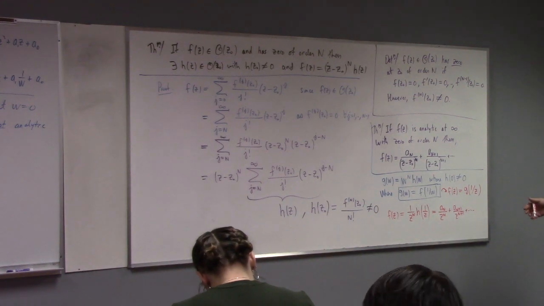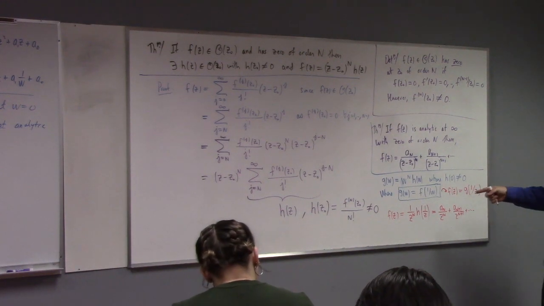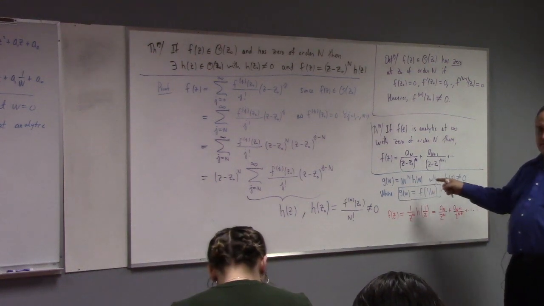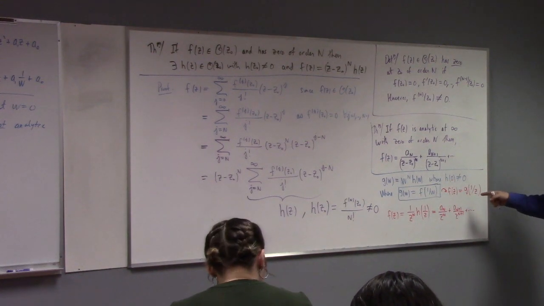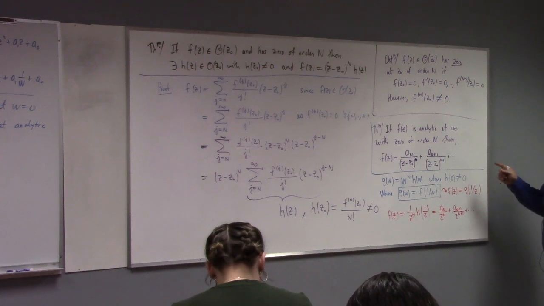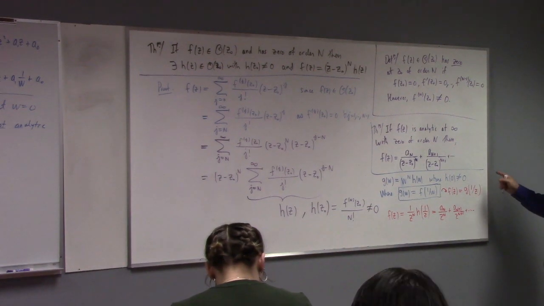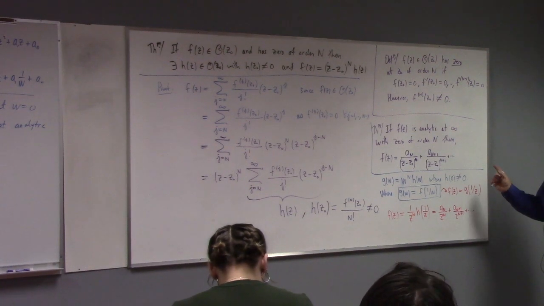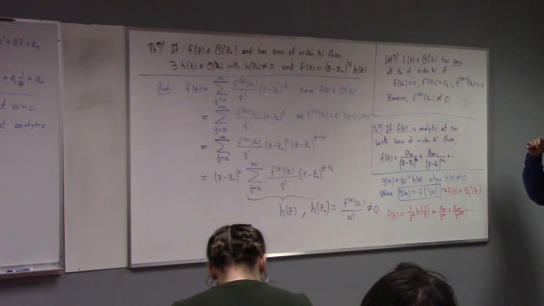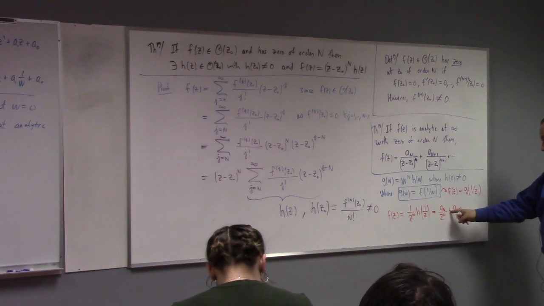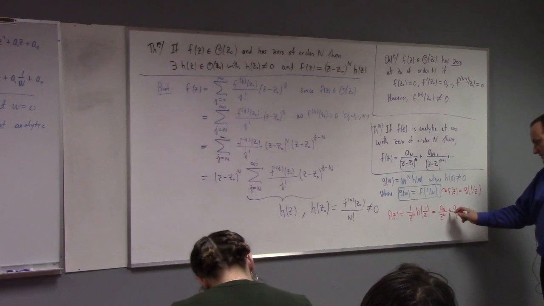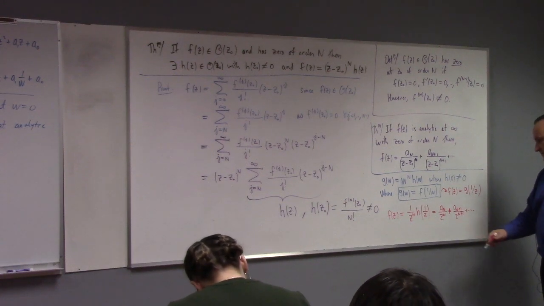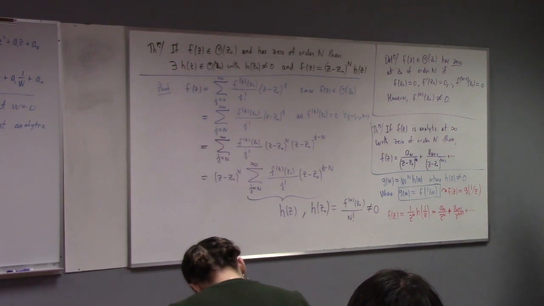I'm supposing here that h of w is a sub n plus a sub n plus 1 times w plus a sub n plus 2 times w squared and so forth. So I'm using these as the coefficients for the power series expansion for h here, which I don't have room to write down.